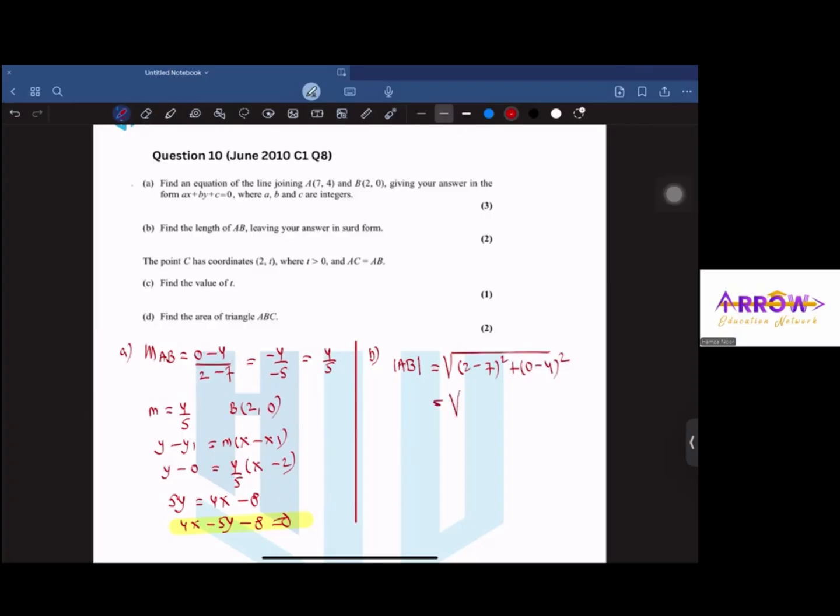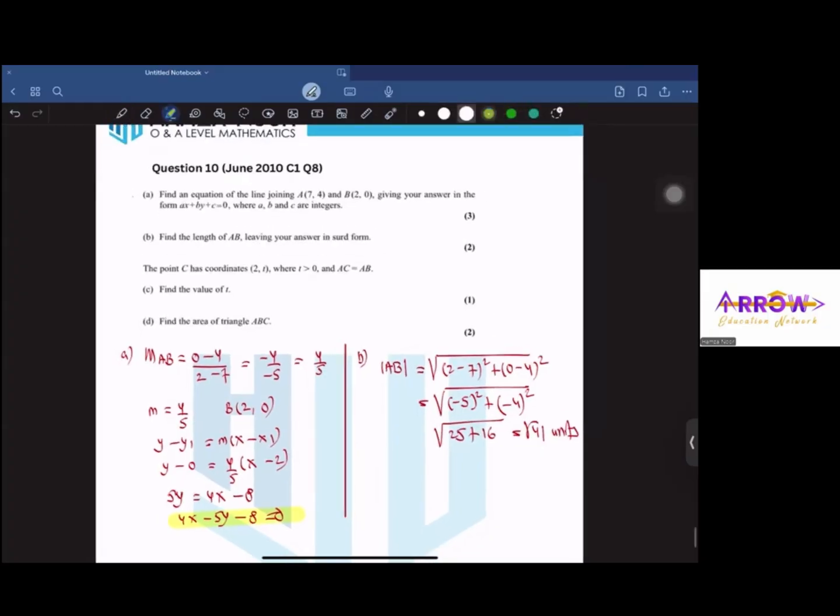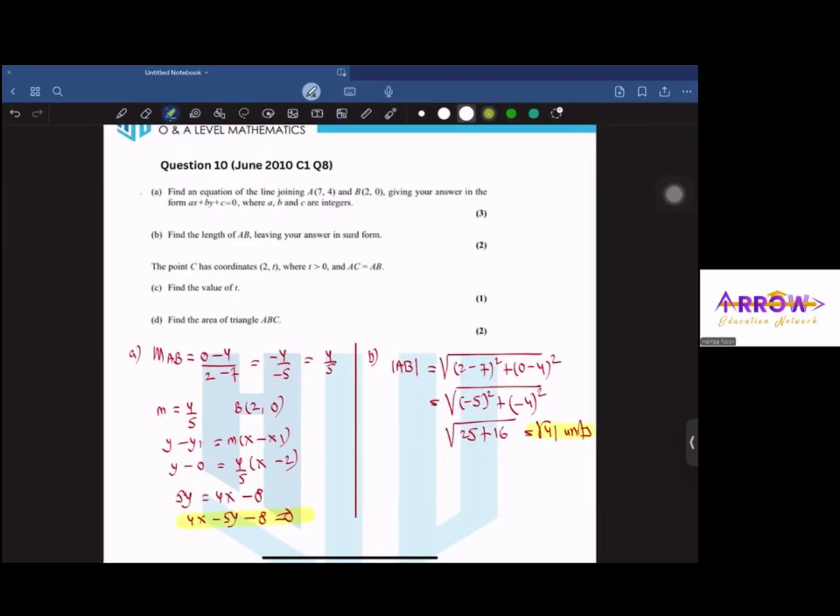Okay, so under root of minus 5 whole squared plus minus 4 whole squared, meaning under root of 25 plus 16, which is under root 41 units. This is supposed to be your answer. We have to leave our answer in surd form. Okay, so this was part B.